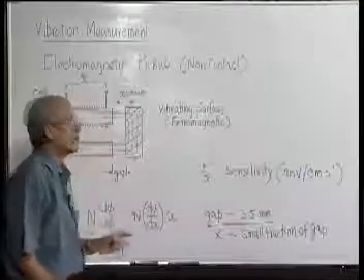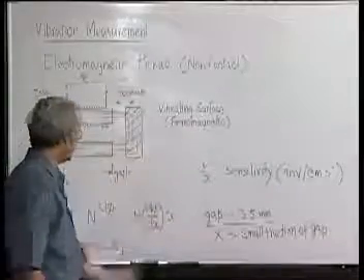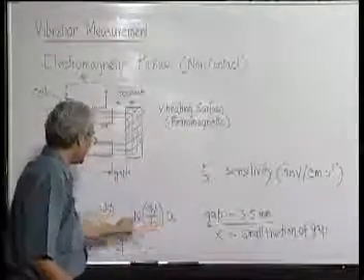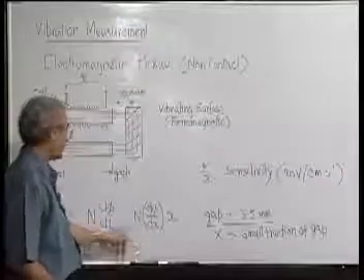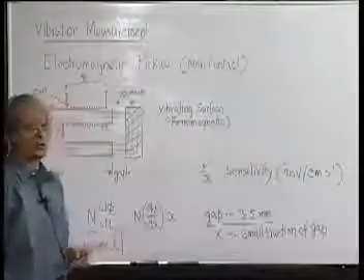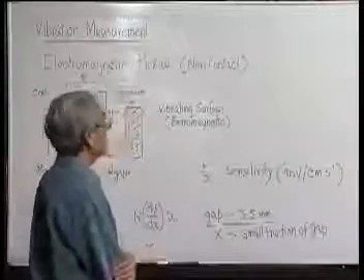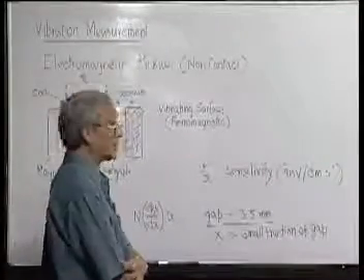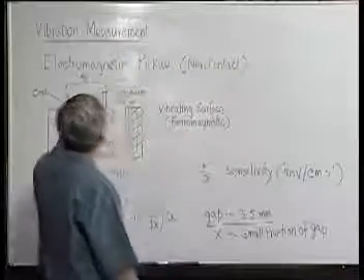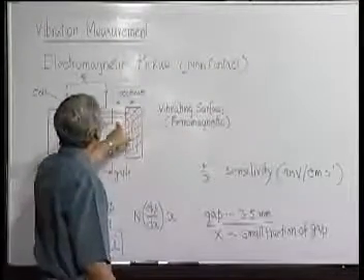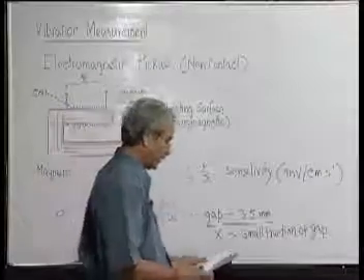That means it introduces a certain amount of nonlinearity, because the sensitivity itself is a function of x, not a constant. So E cannot be a linear function of x dot. There will be some distortion of the waveform, and the actual vibration and the output will not match exactly.